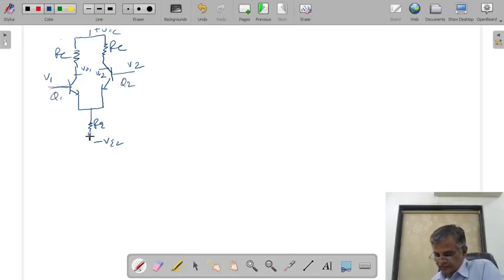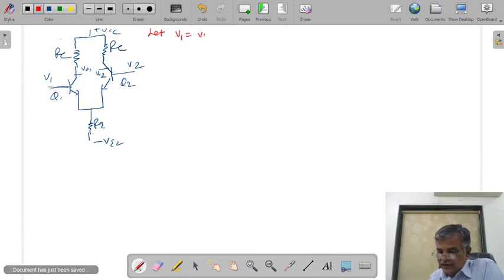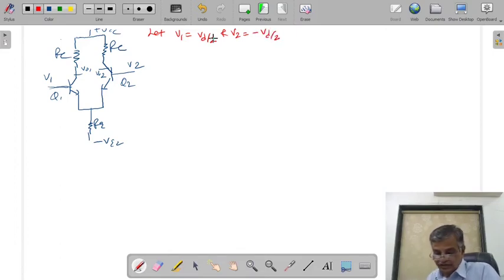Look here. Suppose V1 is Vd by 2 and V2 is equal to minus Vd by 2. I want to say that at some time this input increases, and at the same time this input decreases by the same amount of voltage.